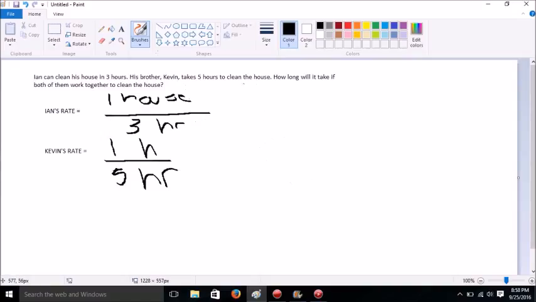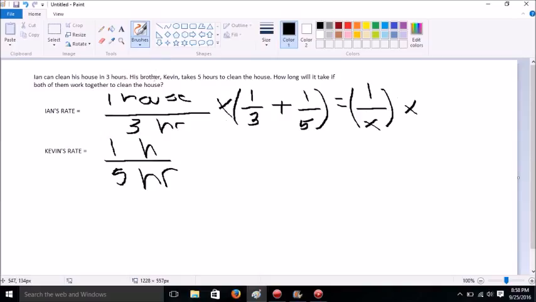Now we can make this an equation: Ian is 1 over 3 plus Kevin is 1 over 5, and this equals 1 house in X hours. Now we're going to multiply both sides by X just to simplify it, and that gives us X over 3 plus X over 5 equals 1.